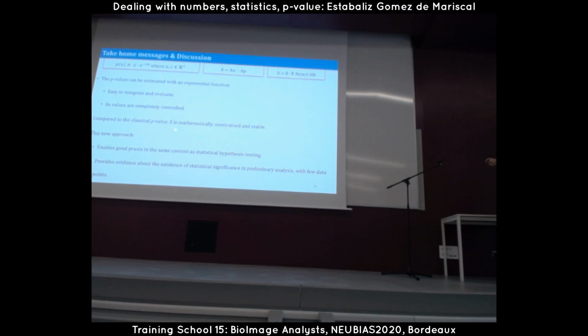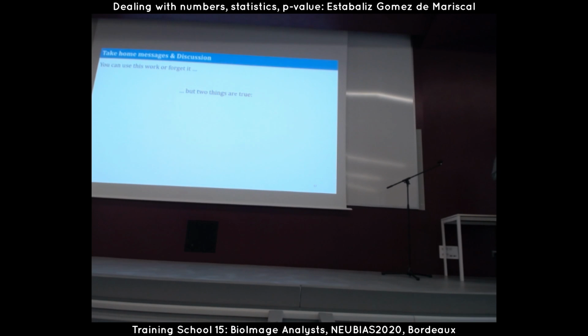This new difference that we define is constrained and more stable than the p-value, which is usually employed. And this new approach enables us to have good practices in the same context as a statistical hypothesis test, and it provides evidence about the existence of significance in our data analysis. So we can use the software very easily, run it, and see what's going on.